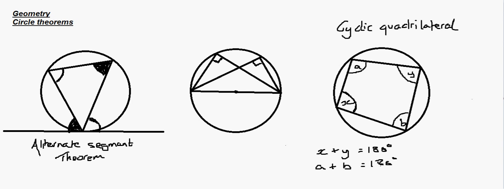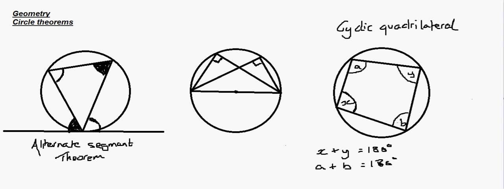So again, in the exam, if they said to you this angle is 110 degrees, what's this angle? Well, 180 take away the 110 gives me 70 degrees. So this will be 70 degrees. Why? Because opposite angles of a cyclic quadrilateral add up to 180 degrees.